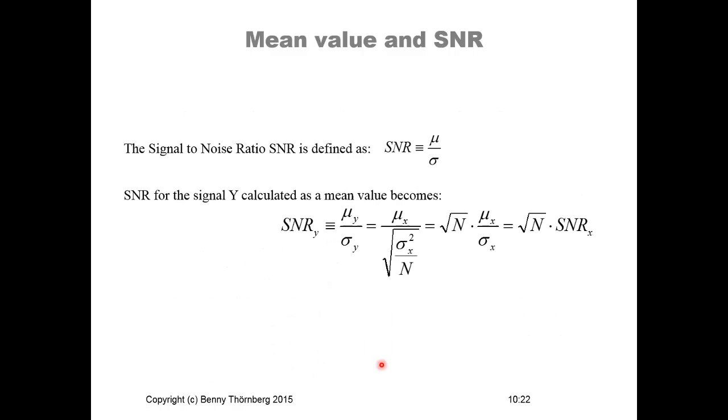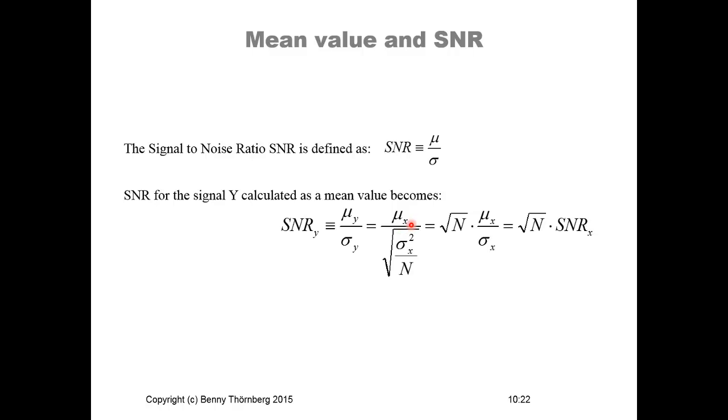And now we will continue on the next slide, because the signal to noise ratio is defined as SNR equal to the mean value divided by sigma. The SNR for the signal y then becomes SNR for y equal to mu y divided by sigma y. And mu y we have computed before that it is equal to mu x.